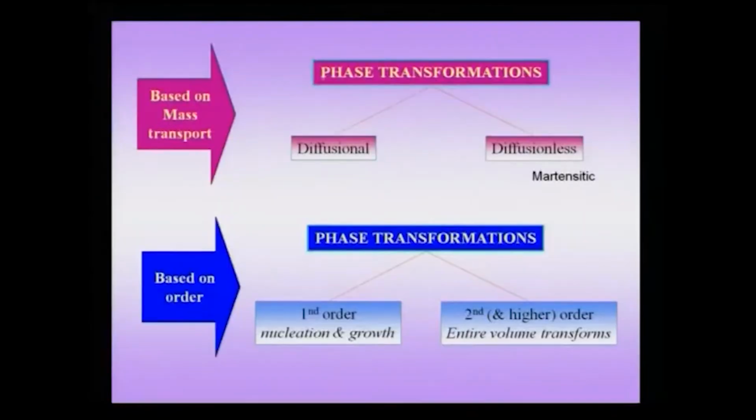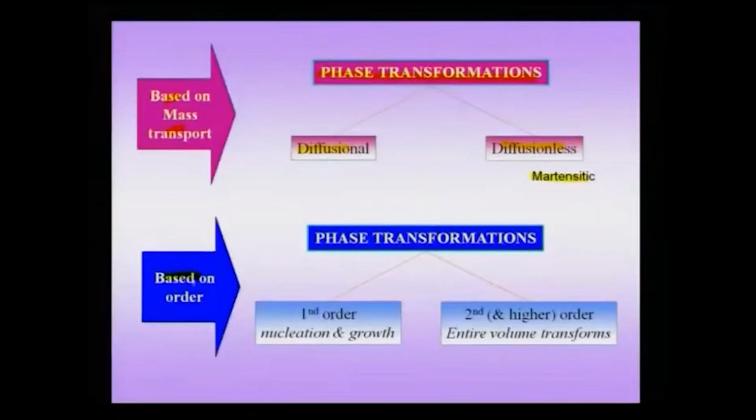Now, phase transformations can be classified based on mass transport as diffusional or diffusionless, and in diffusional transport we imply that there is long range diffusion, whereas in an example of a diffusionless transport like martensitic transformation, there is a shear of the crystal and there is no long range mass transport involved, and therefore, diffusionless transformations can occur at a very fast speed.